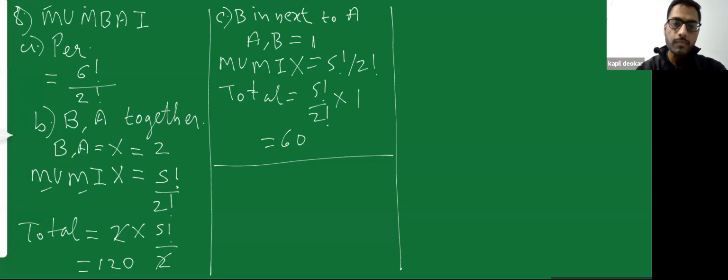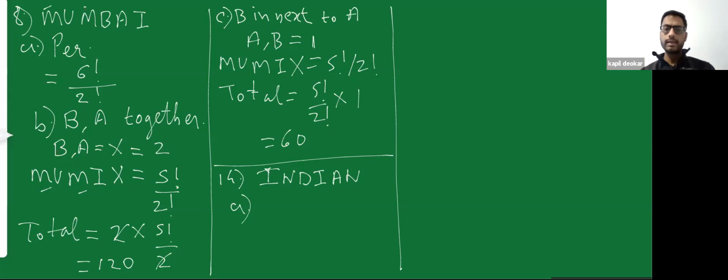Next, this is your question number 14 from the textbook. You have the word Indian. So we'll see first, in how many ways can I arrange the letters of the word Indian? Let's see. 1, 2, 3, 4, 5, 6.